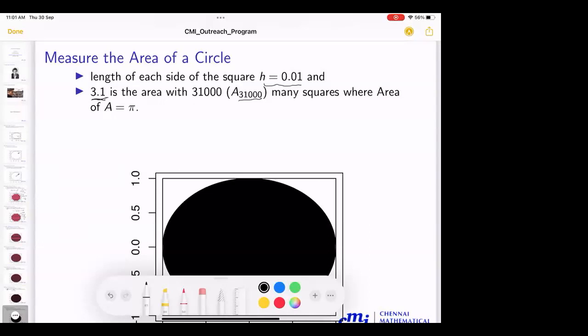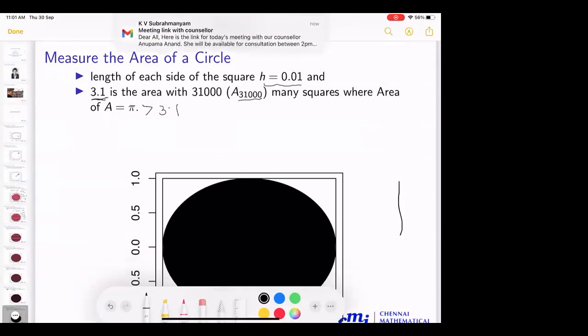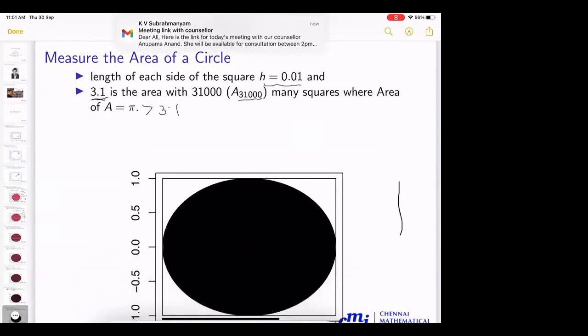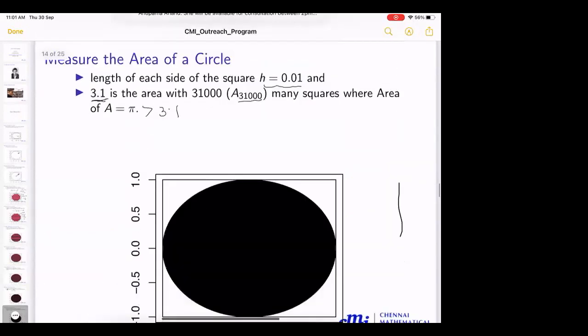So definitely pi is greater than 3.1. Okay. So pi is greater than 3.1. That part we do know, but can we say what then pi is?